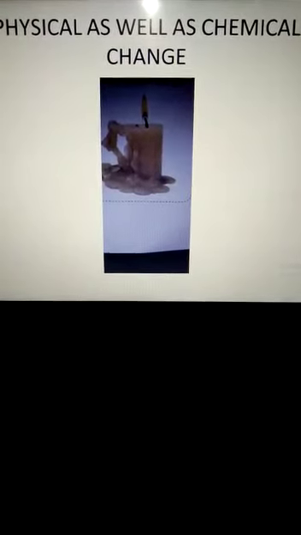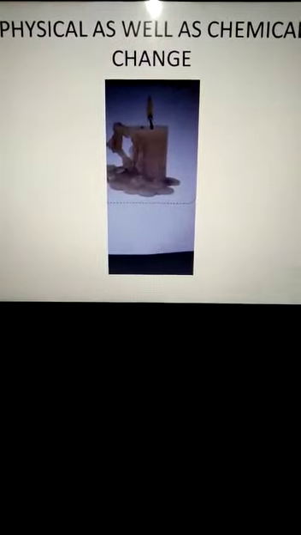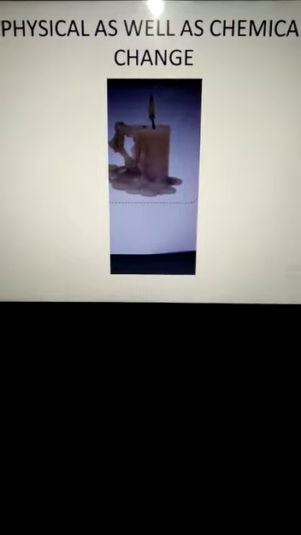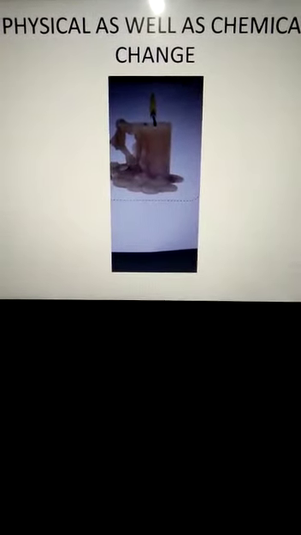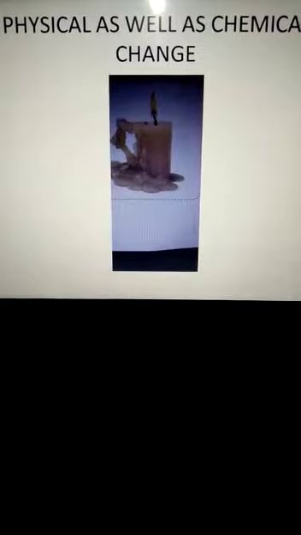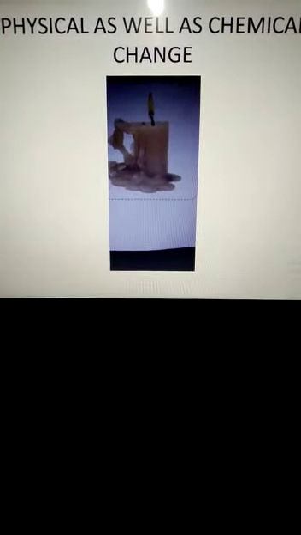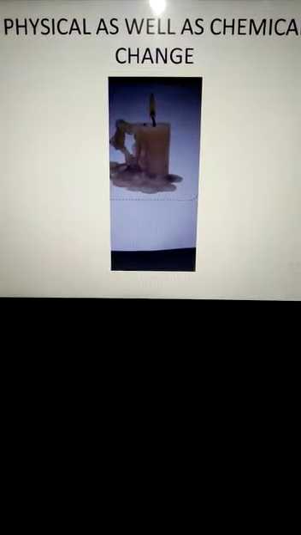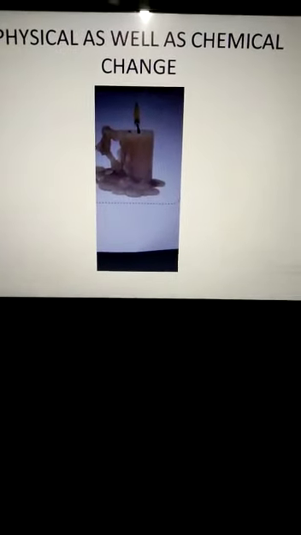When you collect that melted wax, we can again form the candle. So that is not a new substance. The melted wax has the same properties as the candle has. So it is a physical change as well. So burning of a candle is a physical as well as a chemical change.